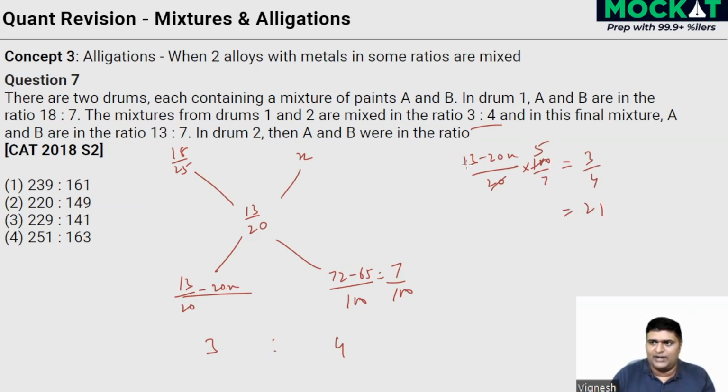Bring the 4 here, 20. 20 into 13 is 260. 20 into minus 20x is minus 400x. 400x equals, you're going to get 239. X is 239 by 400. 239 is to 161, total of 400. 239 is A. The remaining 161 is going to be B.